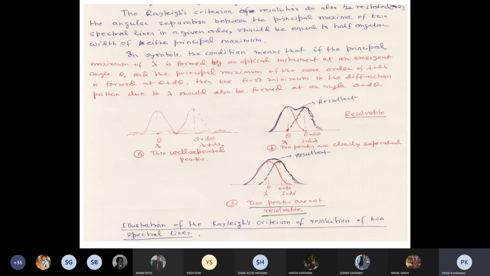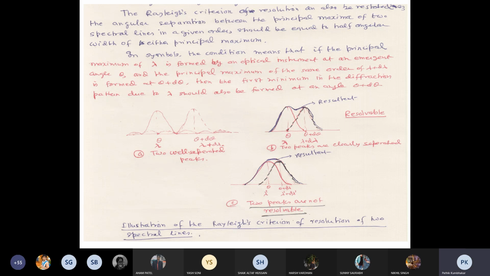Rayleigh's criterion of resolution can also be restated as: the angular separation between the principal maxima of two spectral lines in a given order, both of the same order, should be equal to half the angular width of either principal maximum.